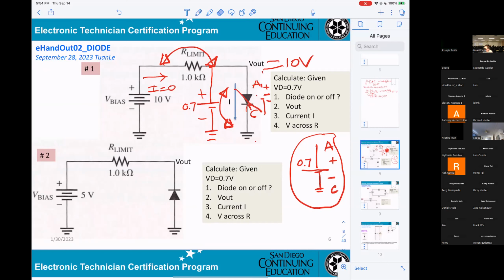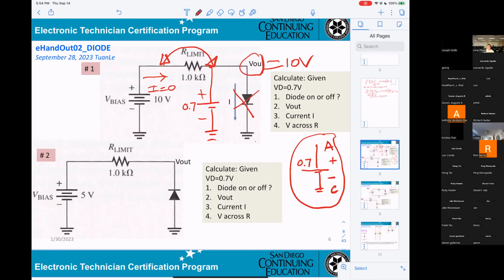Okay, so now, if you want to know the diode is on or off, first thing, suppose no diode here. What's the voltage here? If it's higher than 0.7, they are on. If less than 0.7, they will be off.